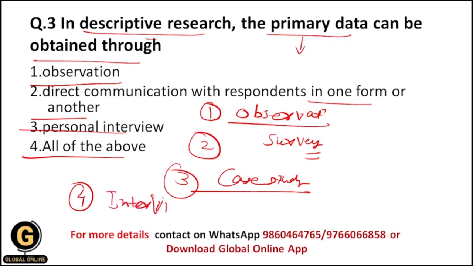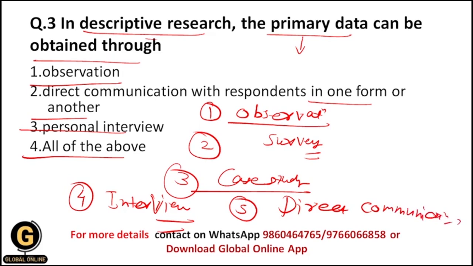Personal interview is nothing but the face-to-face interview method in which we ask the same questions to a range of participants, and we get the answers from those participants. Now the fifth one is direct communication. Basically students, direct communication is speech that conveys clear messages or that clearly directs actions.